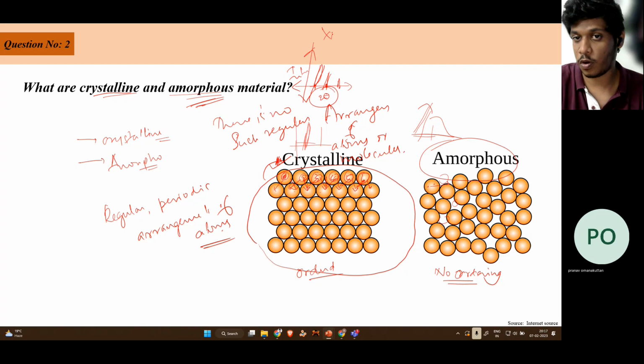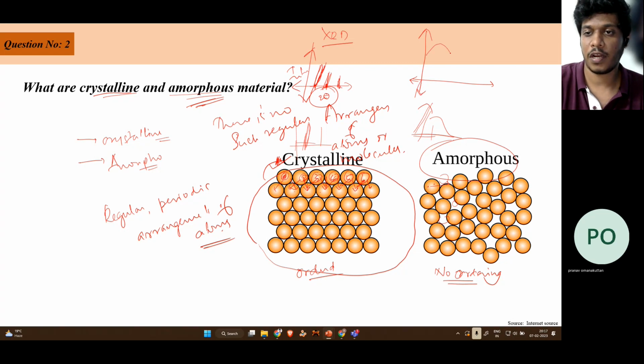This is basically an XRD plot, and you get sharp peaks at very distinct angles. But in an amorphous material, the intensity does not vary as a strong peak, but in a kind of distribution. So it will be something like this.